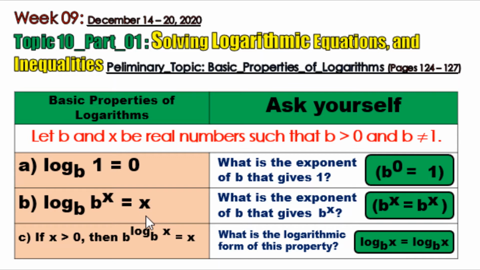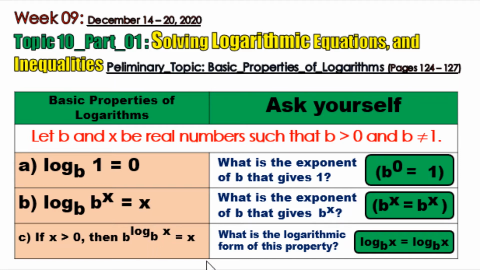If you can still remember, in our definition of the logarithm of a to the base b, your c is just the exponent, or the value of the logarithm is just an exponent.